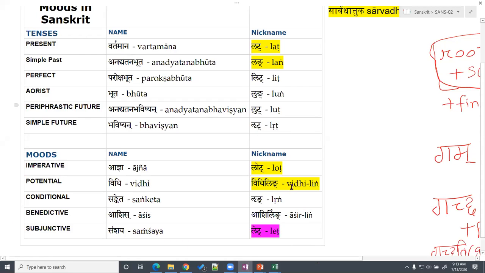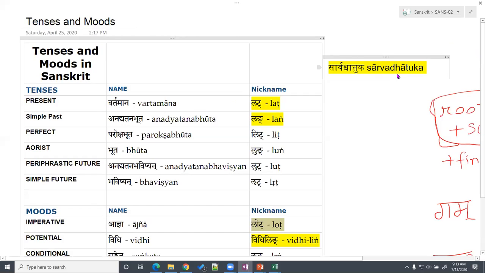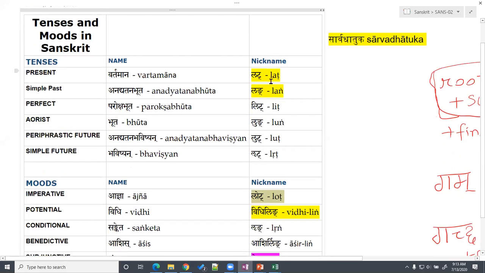Now, if you look at other tenses, there are 4 of them which are highlighted in yellow. These 4 are called Sarvadhatuka lakaras. Sarvadhatuka, this is a technical term, when it refers to these 4 tenses, these 4 lakaras. So Sarvadhatuka is the term for these 4, and for the remaining ones the word is Ardhadhatuka.